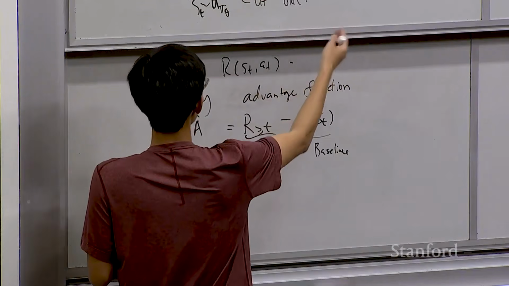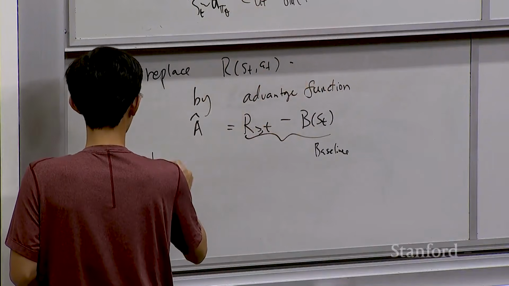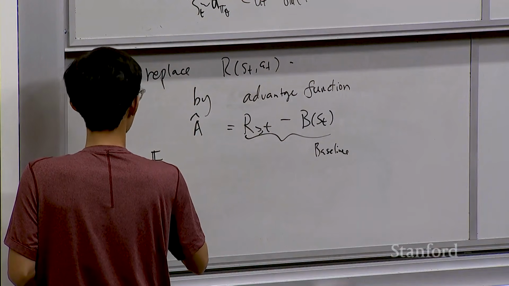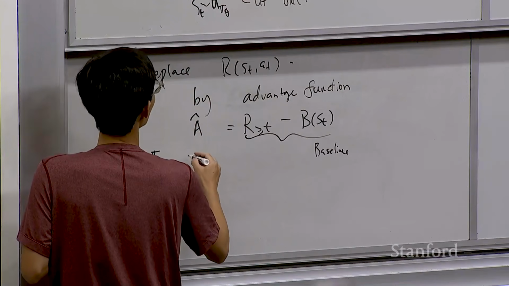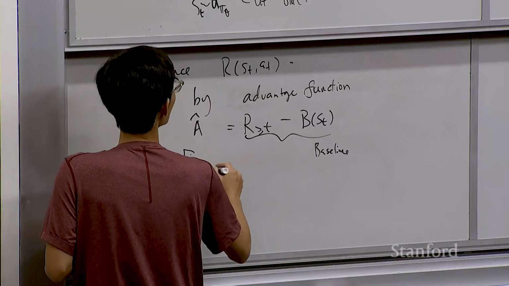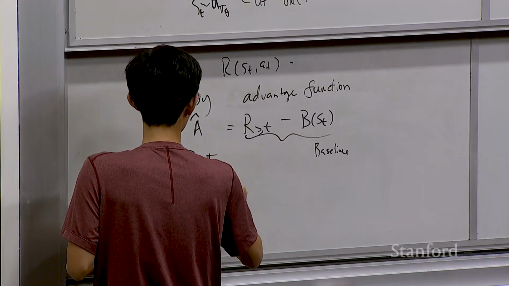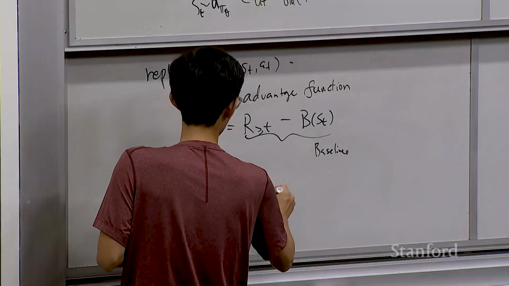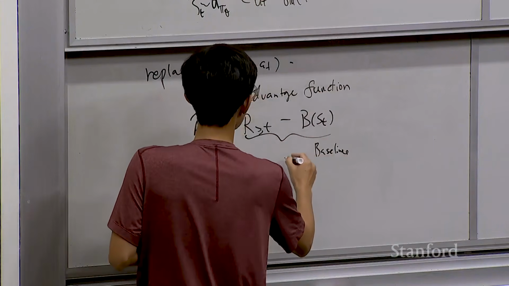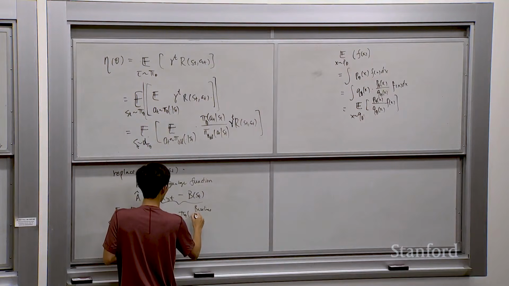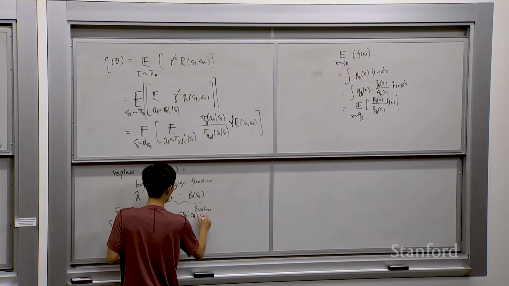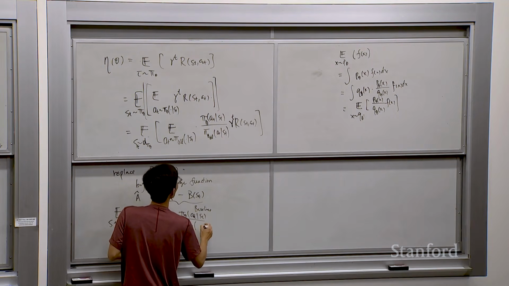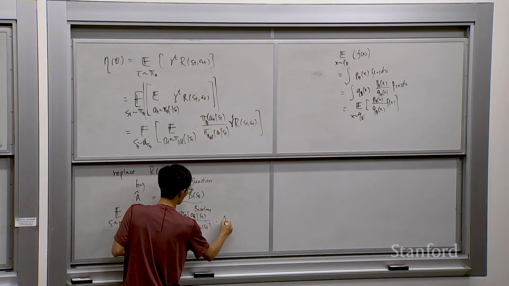You can do some derivation so that you can make this into something like this: S from pi theta, and then expectation over A_t from pi old given S_t, and then you have this ratio of pi theta to pi old of A_t given S_t, times this advantage function.